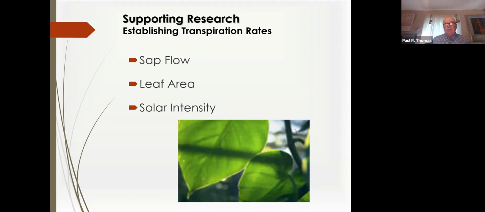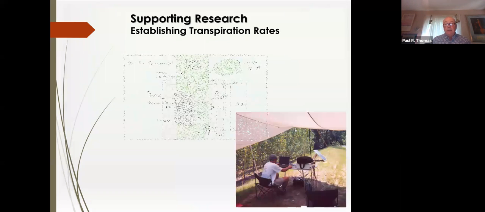A lot of early phytoremediation practitioners relied on published rates for evapotranspiration that were a little bit difficult to hang your hat on, because they were often done under very specific climate conditions and with very specific plants.